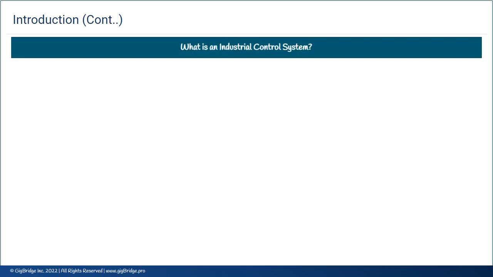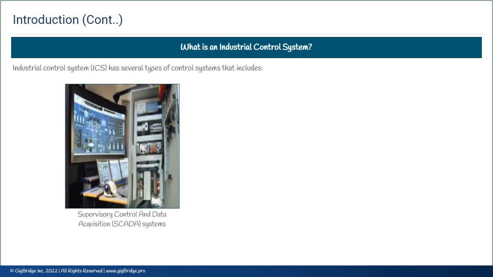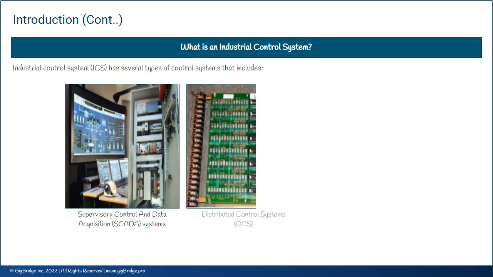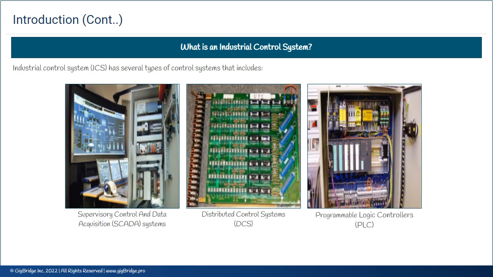What is an ICS? Industrial Control System (ICS) is used as a generic term that has several types of control systems that include supervisory control and data acquisition (SCADA) systems, distributed control systems (DCS), as well as other control systems such as programmable logic controllers (PLC).